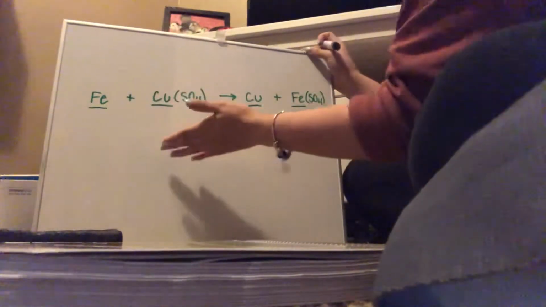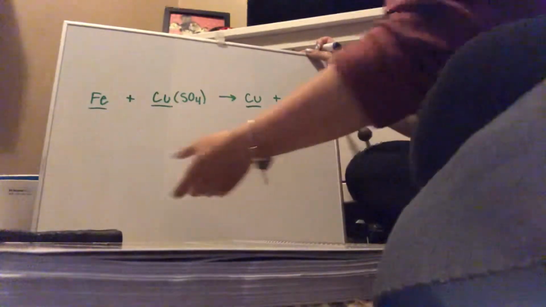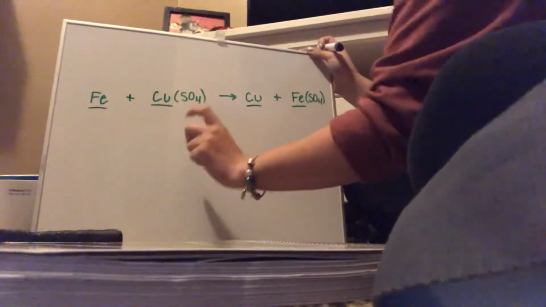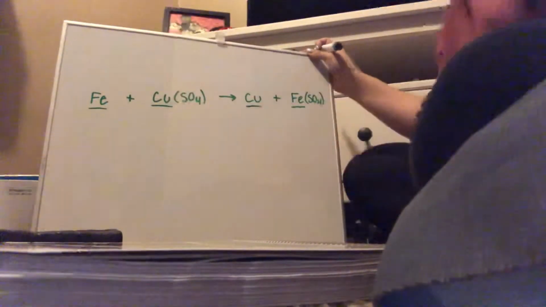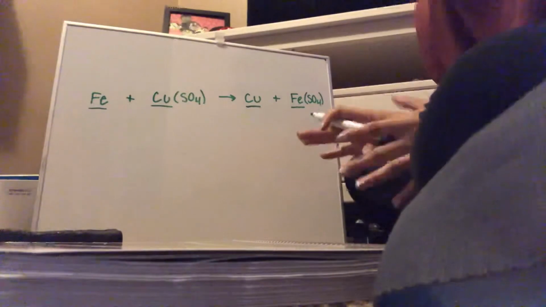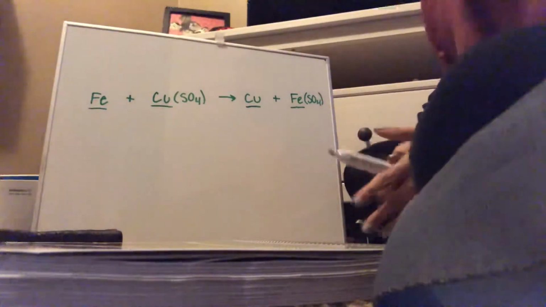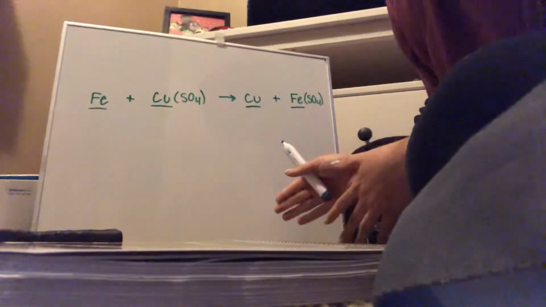So a positive charge hooked to a negative charge. The only thing you're doing is switching the cation or switching the front thing. I don't want to use too many words because I don't know your understanding of that. So this would be a single displacement.